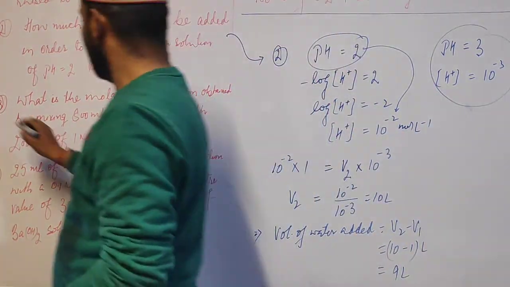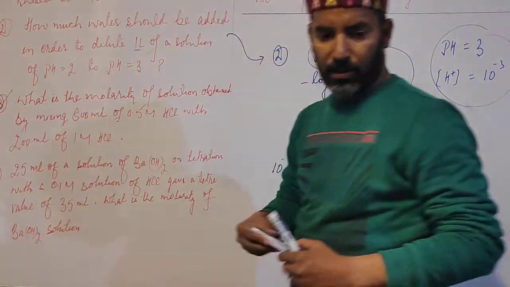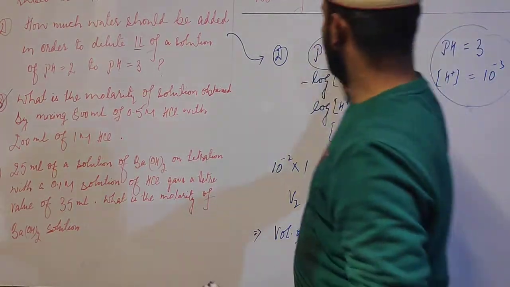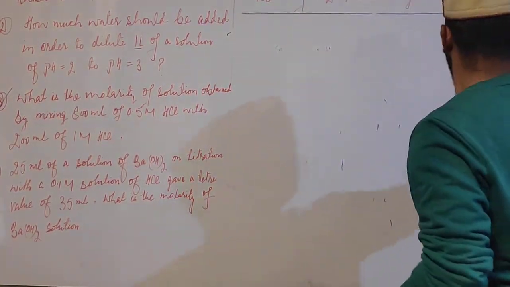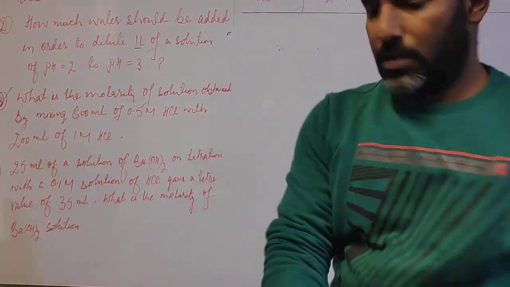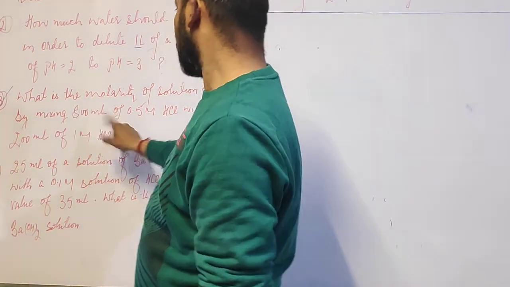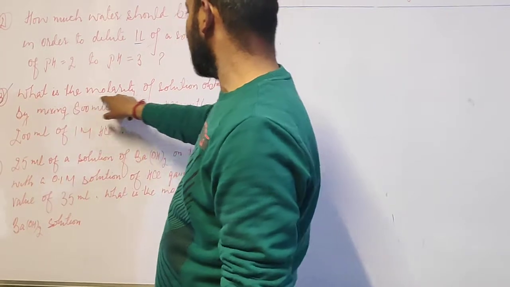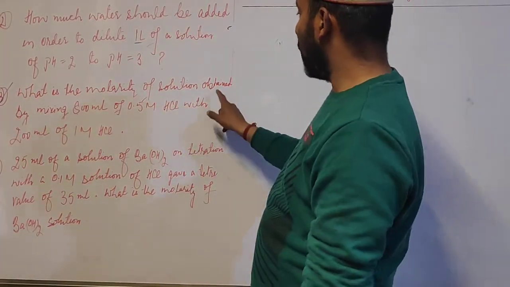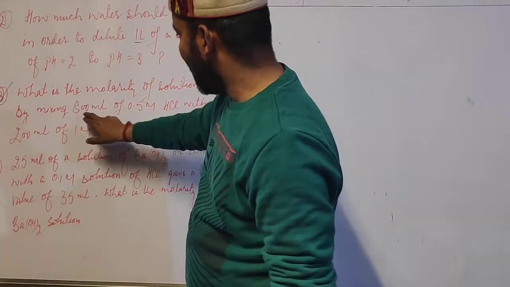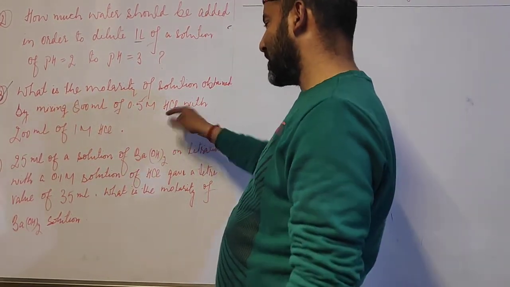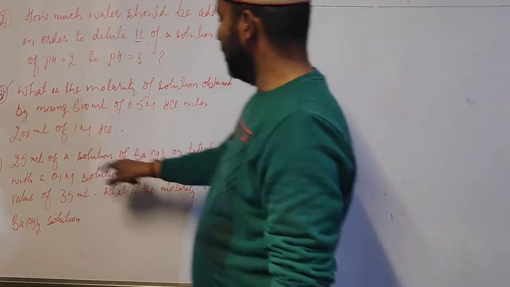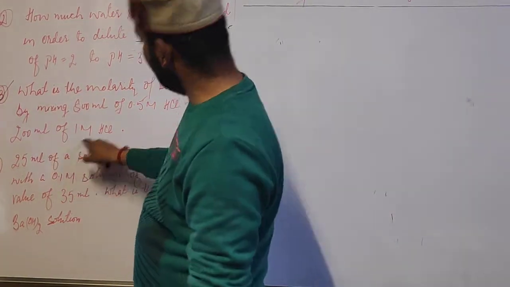Now we have the third question. Students, in this question we need to find molarity. What is the molarity of the solution obtained by mixing 800 milliliters of 0.5 molar HCl, hydrochloric acid, with 200 milliliters of 1 molar HCl?